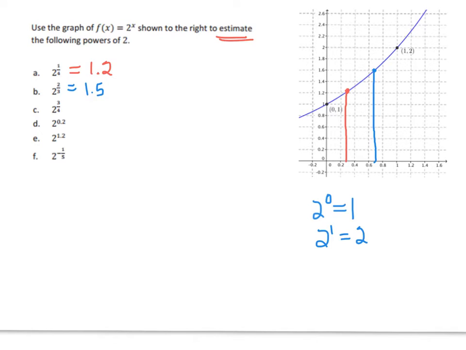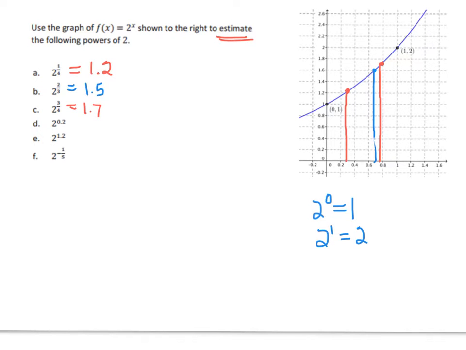For 2 to the 3/4, oh, that one's going to be pretty close to the one that I just found there. I'm not sure if I can get much closer. So 0.75. I'm having a hard time making my line very straight here. So 0.75 will come up right around there. And it's looking like that's going to be a little bit more than 1.7.